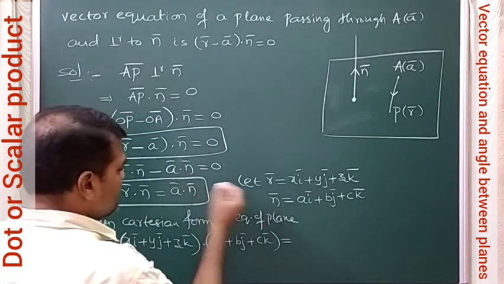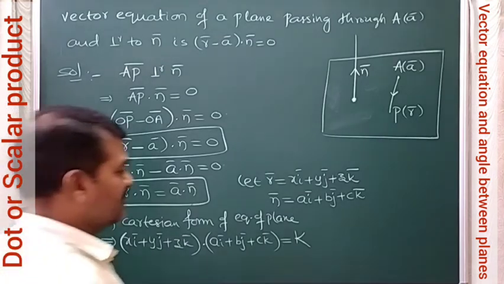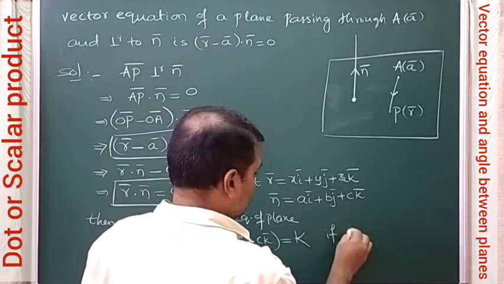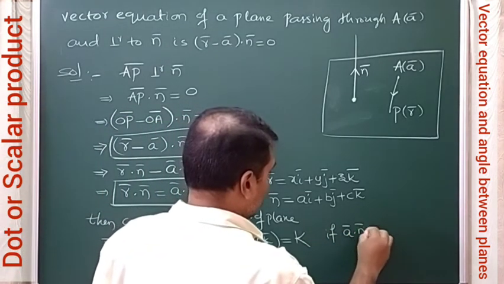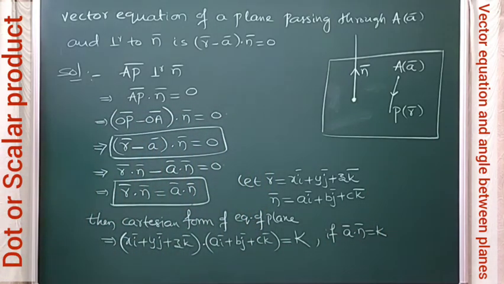So therefore this constant I will take some k for example. Okay, so this A dot n I am taking as some constant where k is a scalar.